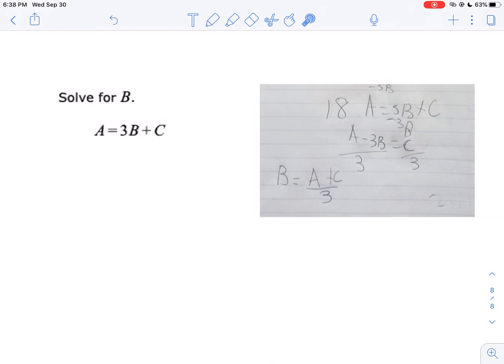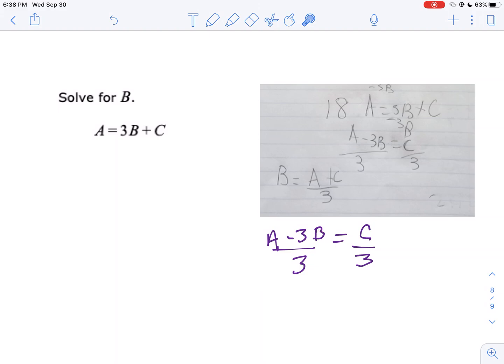If you divide by 3, let's talk about what you did. A minus 3b all over 3 equals c over 3. The question says solve for b. You want to put this b by itself.